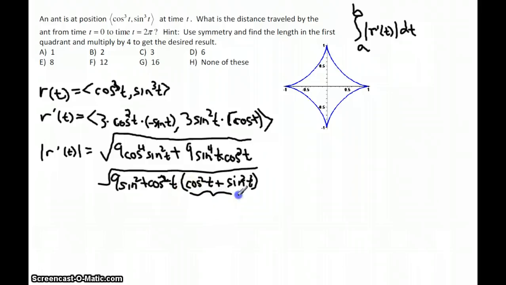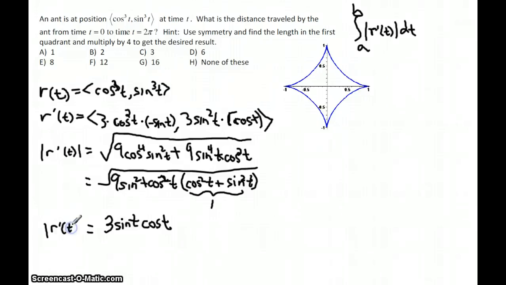And so, since that's a 1, then we're just looking at the square root of 9 sine squared cosine squared, which reduces to 3 times the sine of t times the cosine of t. Not bad at all once you make your way through it. That is what the integrand is.